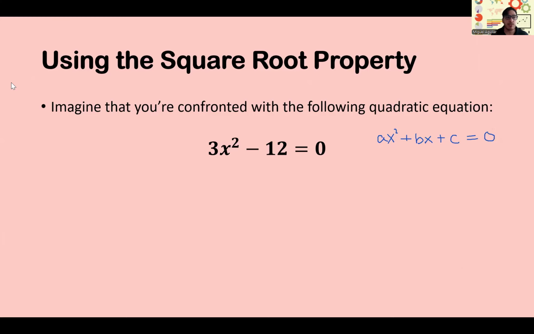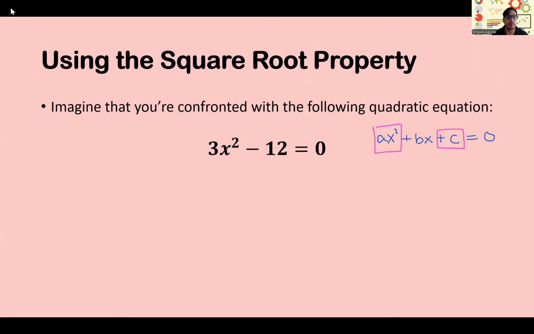But if we encounter a quadratic equation where we only have the squared term and the constant, then we can solve those a lot more easily and very similar to the way that we solve linear equations, by simply getting the x squared term by itself and then applying the square root property.